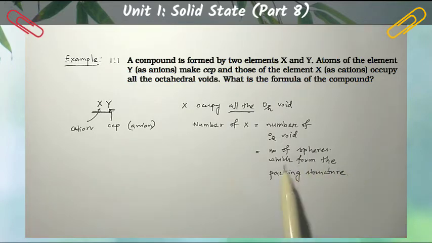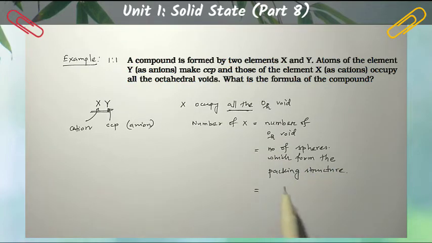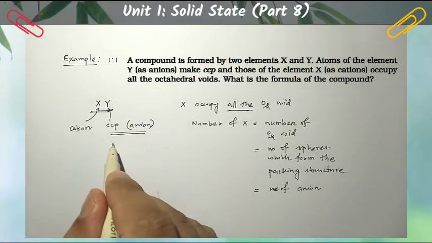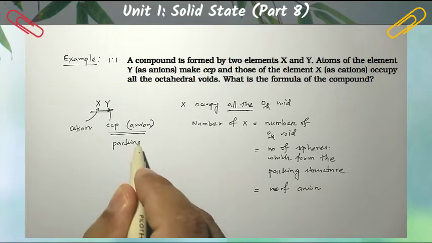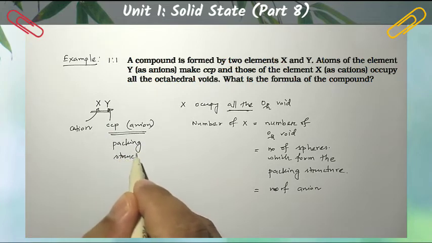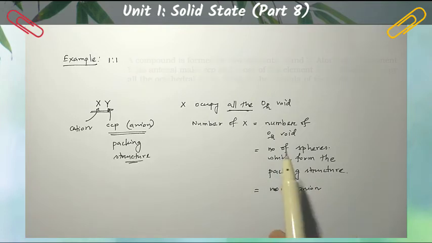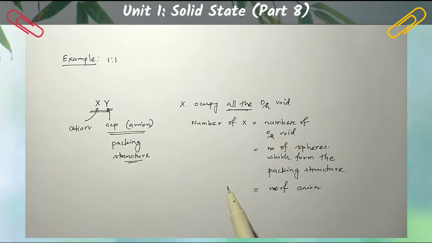Here the packing structure is formed by the anions. So the number of anions is equal to the number of spheres which form the packing structure, which is equal to the number of octahedral voids.